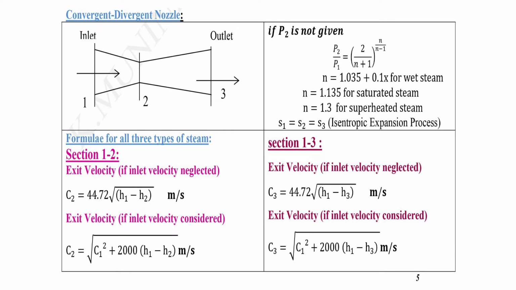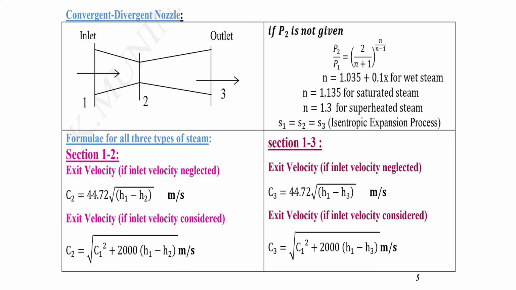And then convergent divergent nozzle: inlet and the outlet, in between we have a throat. So if P2 is not given, we can use P2 divided by P1 is equal to (2 divided by n plus 1) power n by n minus 1 formula to obtain the P2 value. And remaining values will be the same, already known values.